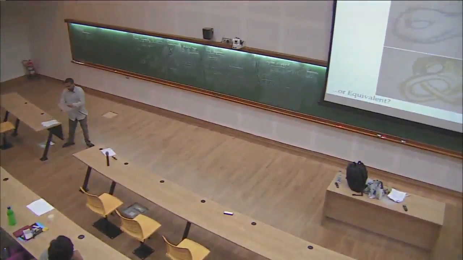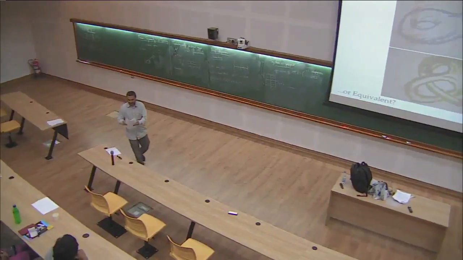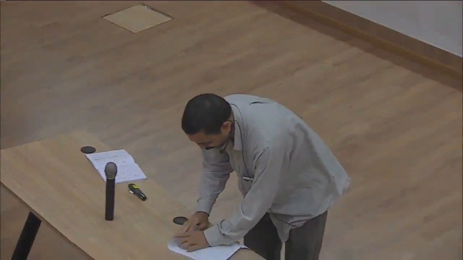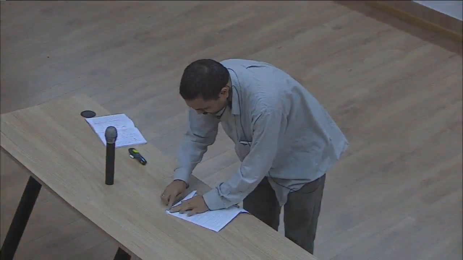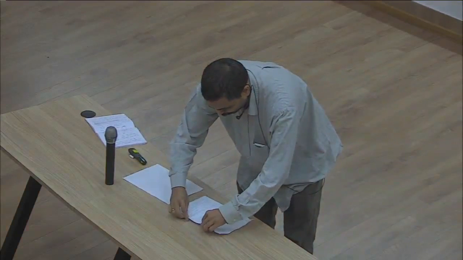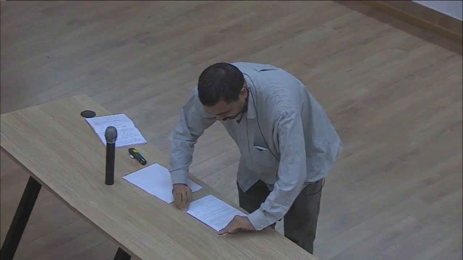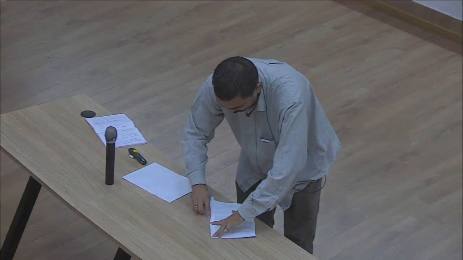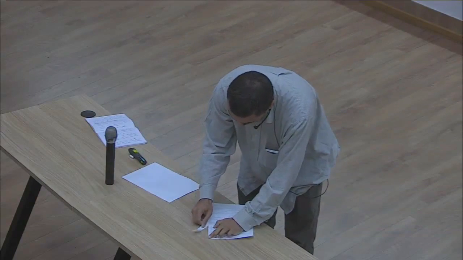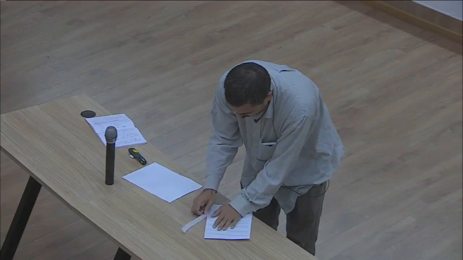I'm going to take a slightly longer piece of paper. I was hoping to bring a belt, but I couldn't find it at the last moment. I'll show you some Mathematica things as well.